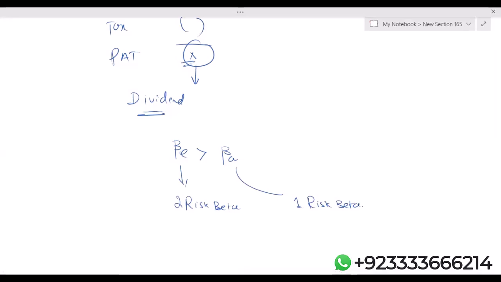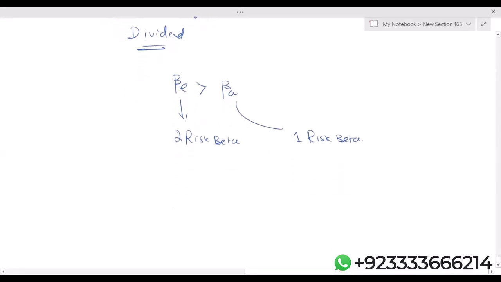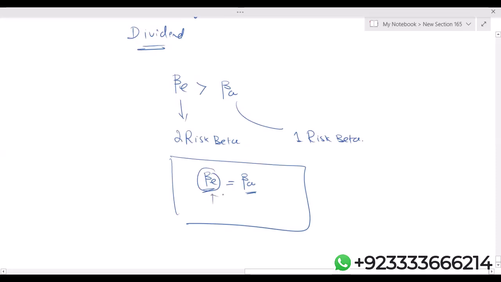What if equity beta is equal to beta asset? If you come across a question where equity beta is equal to beta asset, then the interpretation is that equity beta is itself a beta asset. Another interpretation is this business is 100% equity finance.